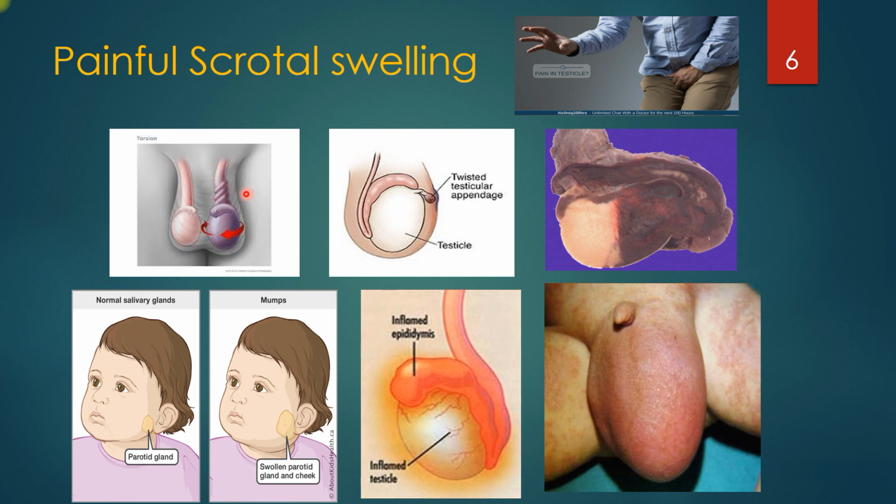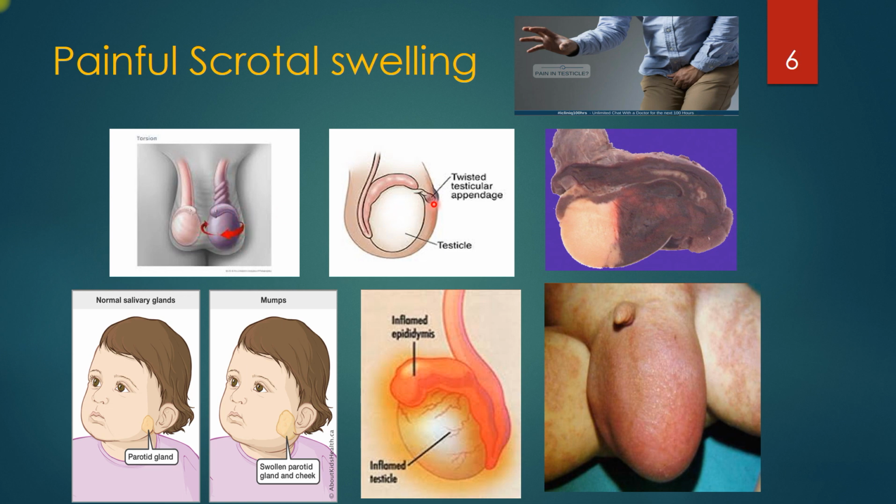Here the patient comes with severe, agonizing pain, nausea, vomiting, and radiation into the abdomen and the groin. Of course, the patient here is either a child or an adolescent. This is an emergency, and you must act within 6 hours, otherwise the patient loses his testis.